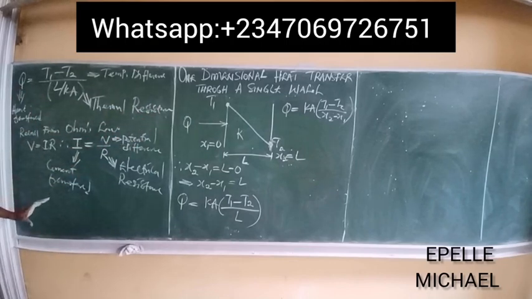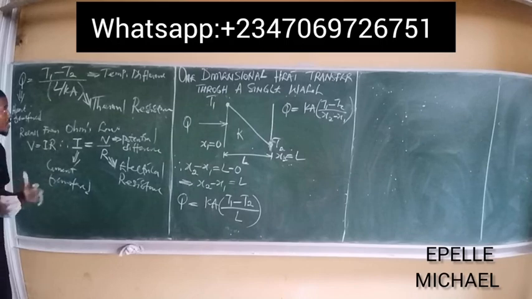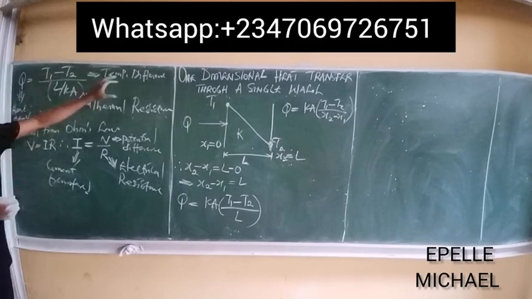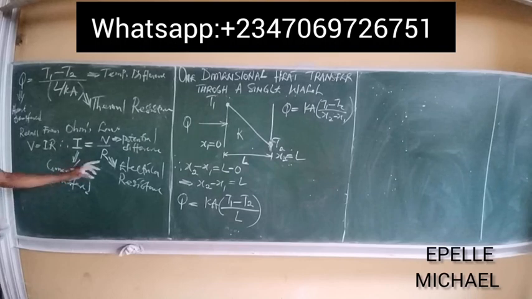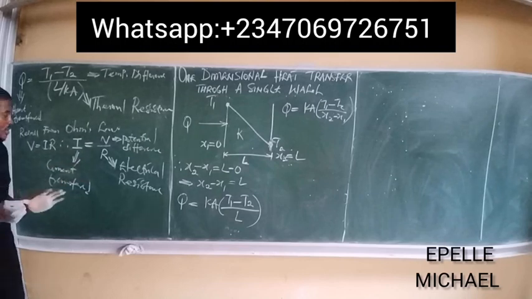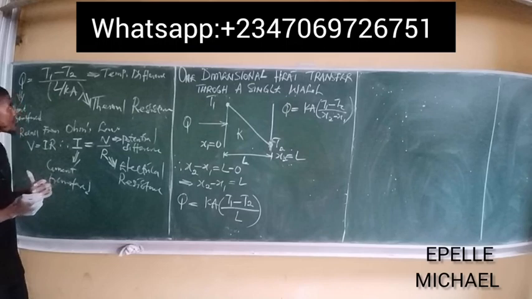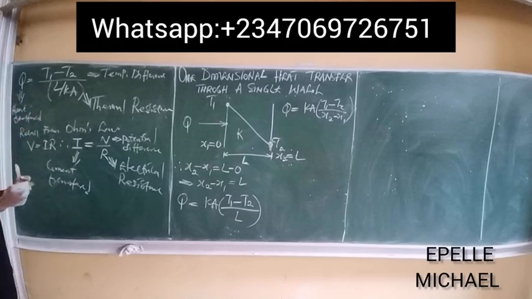That is simply called the electrical analogy of heat transfer. T1 minus T2 stands for temperature difference, just like V stands for potential difference. I stands for current transfer, just like Q stands for heat transferred. So if R in electricity is electrical resistance, it means that L over Ka is called thermal resistance.